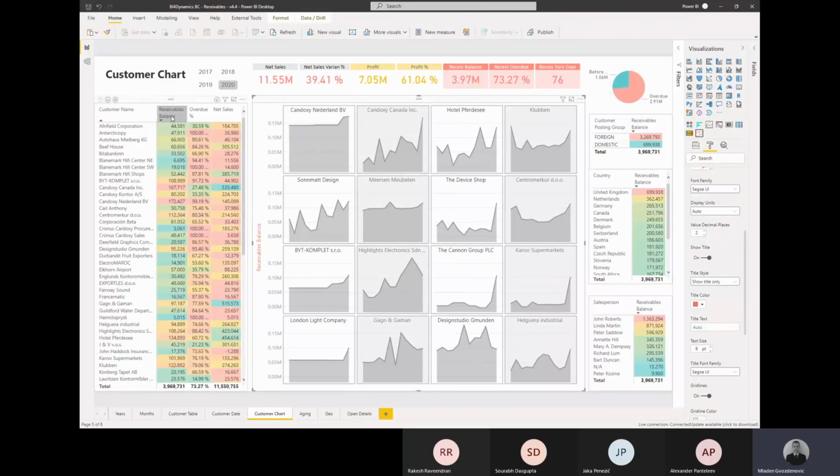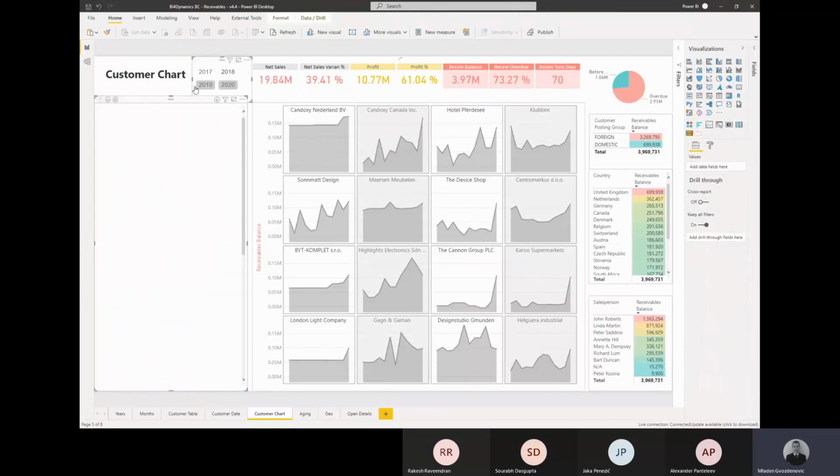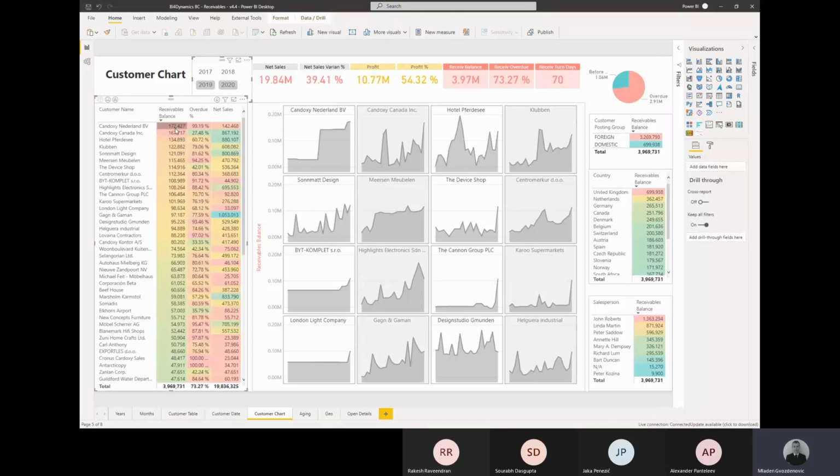Receivable balance, this is not sorted, it's sorted by name, so it's not a good sorting. Now we can see that these customers are the ones that are on the top. So this is always like this. This customer just increased. They are stable. Yes, you can see all this information here. If you put in more periods, the balance will not change because the balance is the balance at the end of the period.